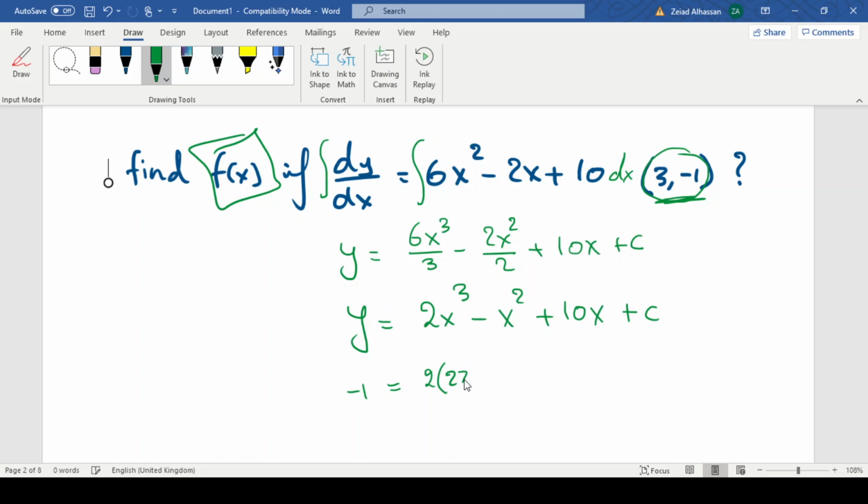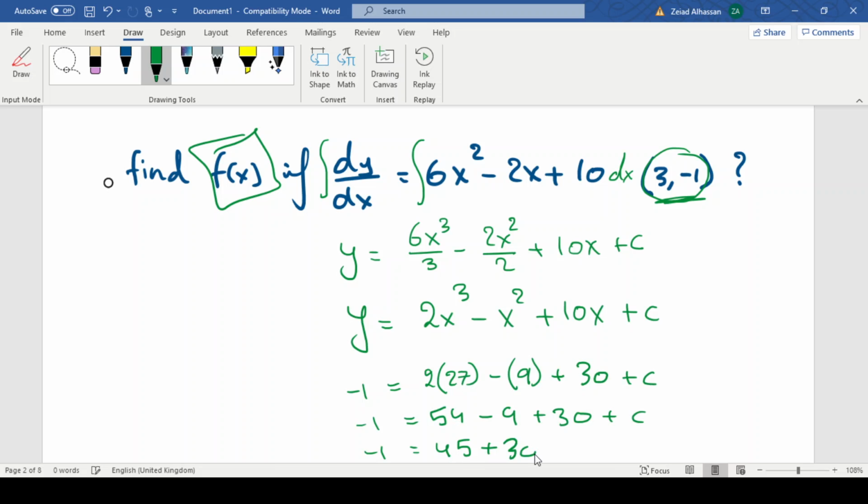When we calculate this, negative 1 equals 54 minus 9, that's 45, plus 30 plus c. That's 75. Take it to the other side, negative 1 minus 75 equals c, so c equals negative 76. So the whole equation is y equals 2x cubed minus x squared plus 10x minus 76. This is the equation.